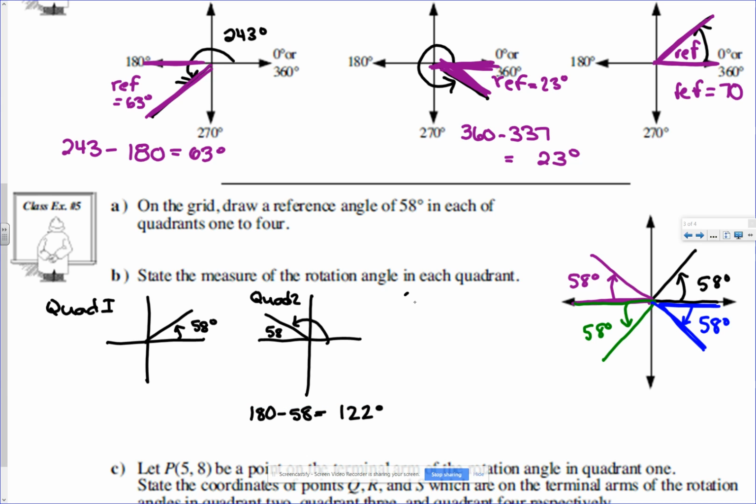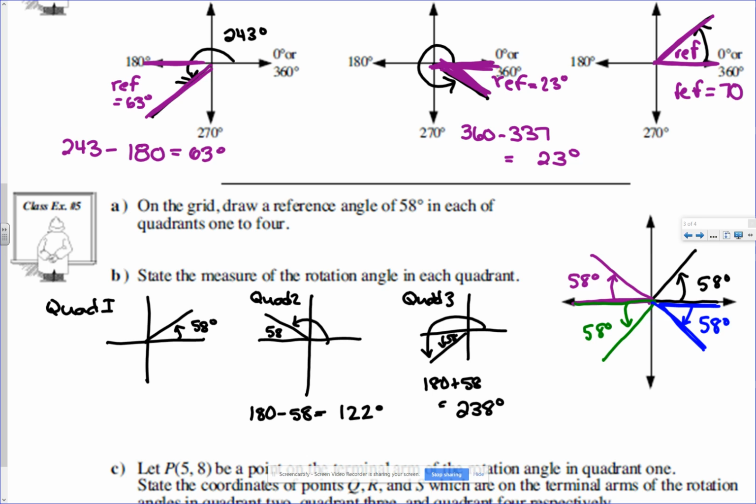If I look at quadrant 3, that's in this one right here. I'm looking for this measurement here. I know this little guy here is 58. So for this one, I can add my 58 on, and that would give me a standard angle of 238 degrees.